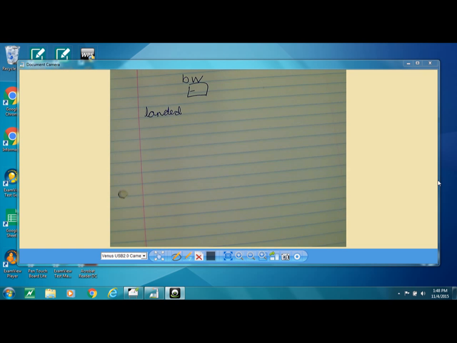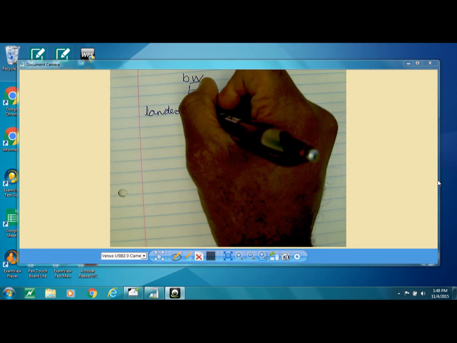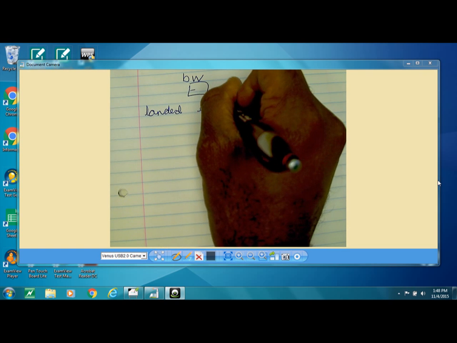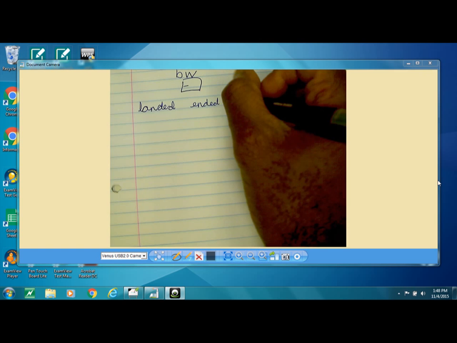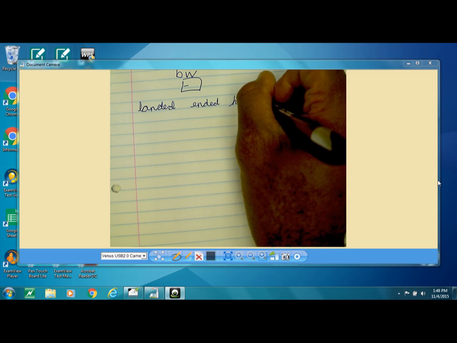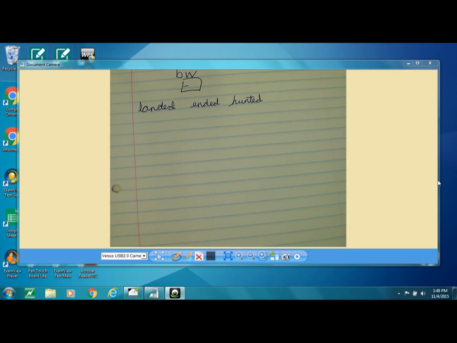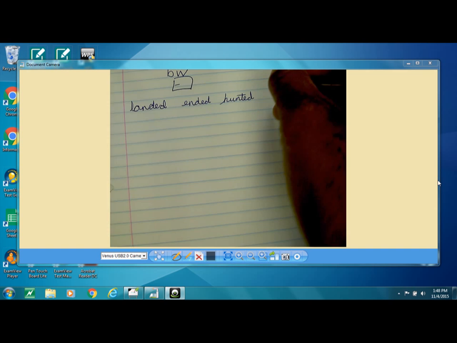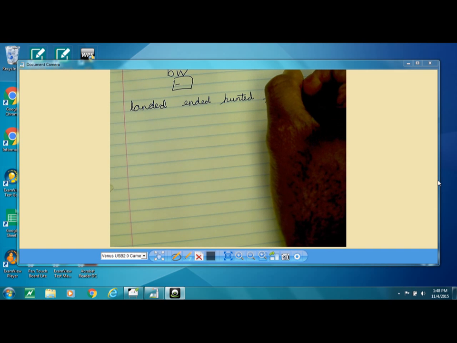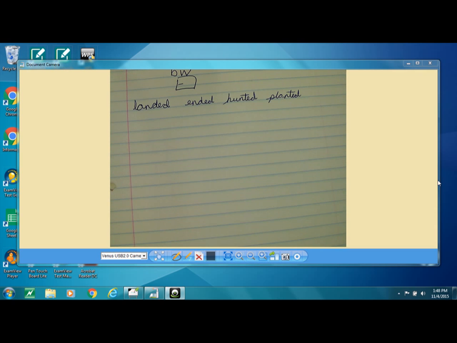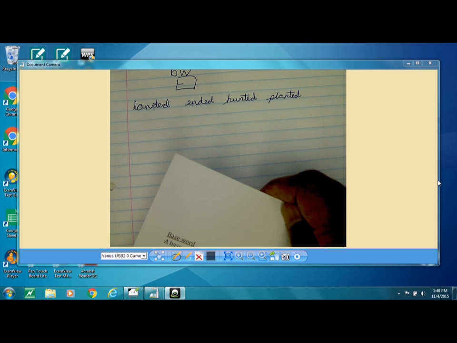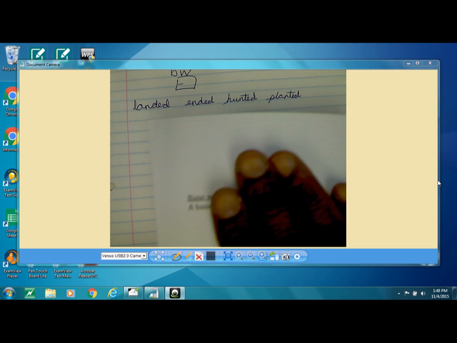L-A-N-D-E-D. E-N-D-E-D. H-U-N-T-E-D. P-L-A-N-T-E-D. Okay? If we cover up the ED, will we have a base word left?